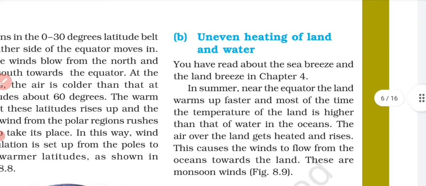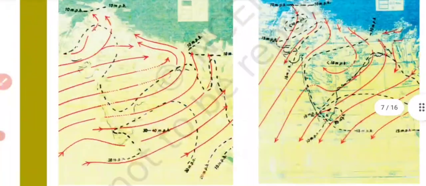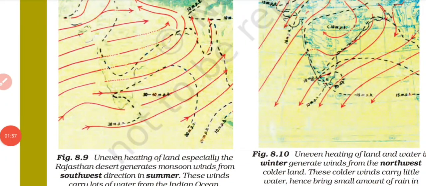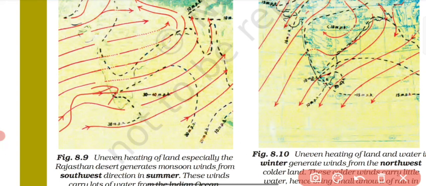Whenever the wind is coming from the sea portion, it carries water, and that water falls on the land in the form of rain. That means whatever winds come from the oceans to the land bring rain.